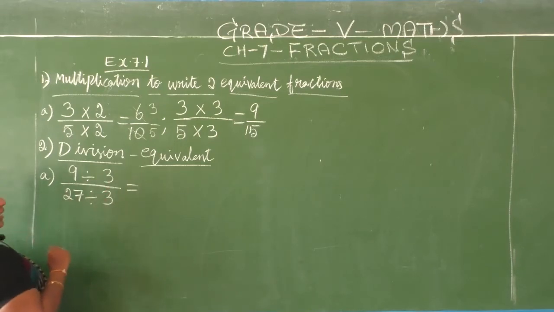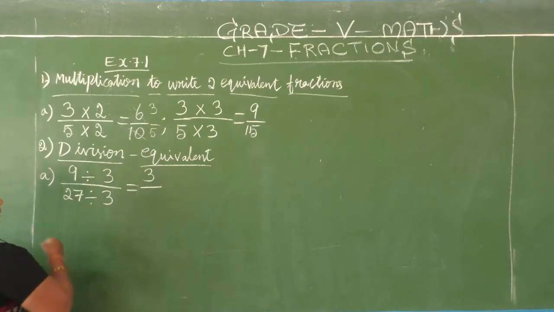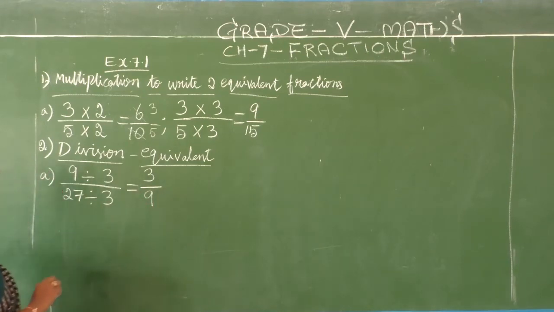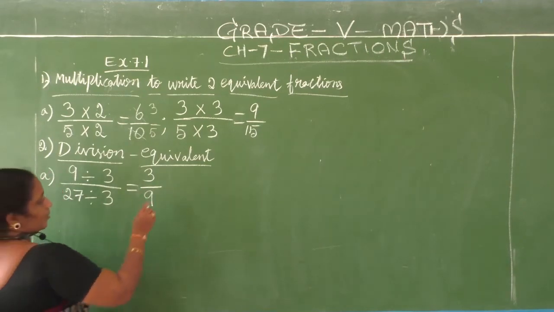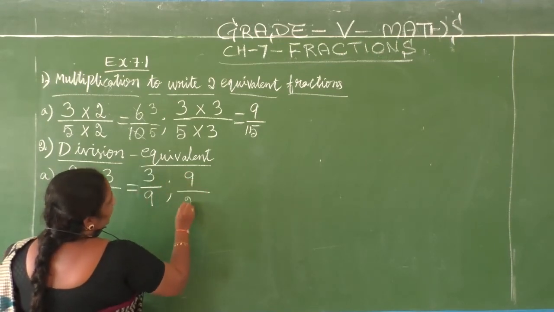So how many times will it come? 3 3s are 9. In 27, how many 3s are there? 9 3s are 27, so 9 times. Okay, 3 by 9. Then another example for the same fraction, 9 by 27.